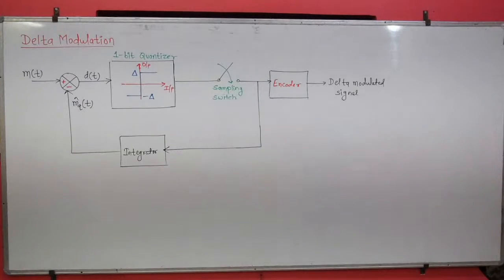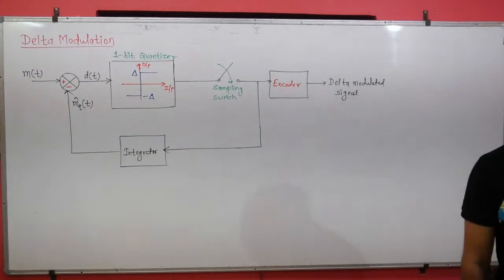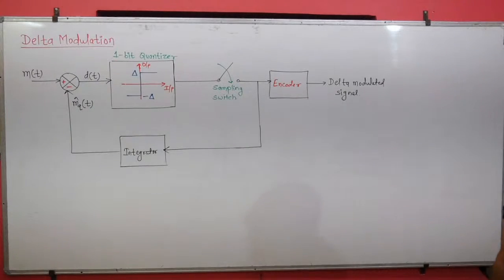What will be the output of the 1-bit quantizer?